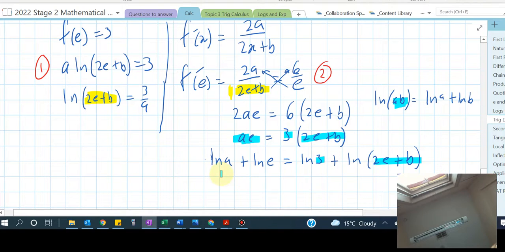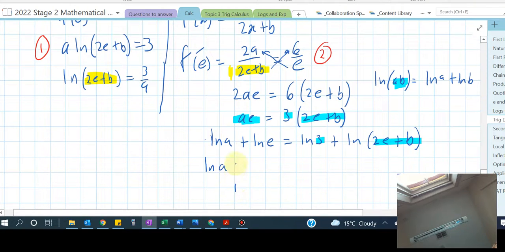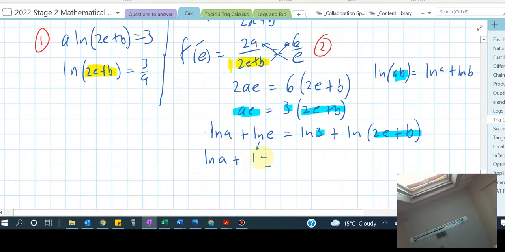All right. So then I want to get ln(2e + B) on its own. So ln A plus 1, that's 1, minus ln 3 equals ln(2e + B).